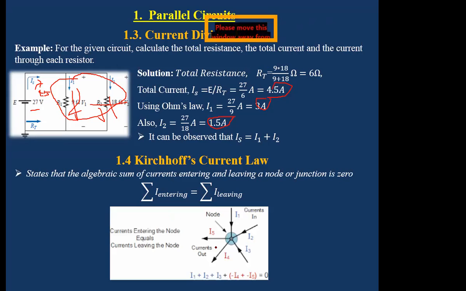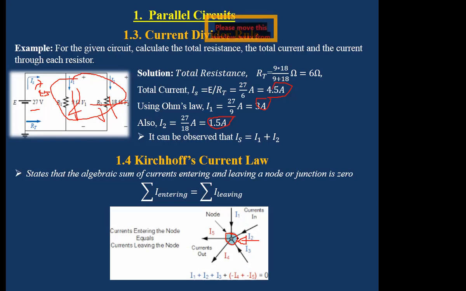Right. So what we are saying is we have a node here, which is marked in that blue circle, and branches are coming into that and others are leaving. So what we are saying by Kirchhoff's current law is that the currents leaving this node, that is I5 and I4, should be equal to the sum of the currents entering the node, so that there is no accumulation of charge on the node.